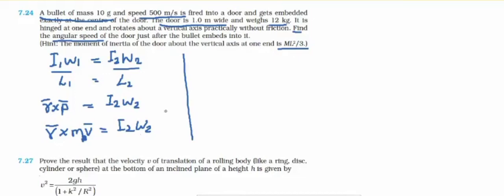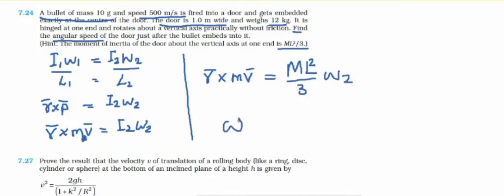So R cross mv: R is 0.5, m is 0.01 kilogram, v is 500, equal to capital M L square, capital L is 1 meter, by 3 into omega 2. All quantities are given in the question, so the angular velocity of the door omega 2 can be calculated.